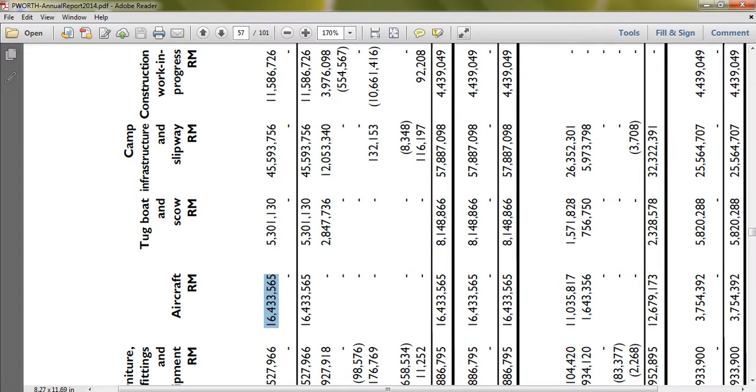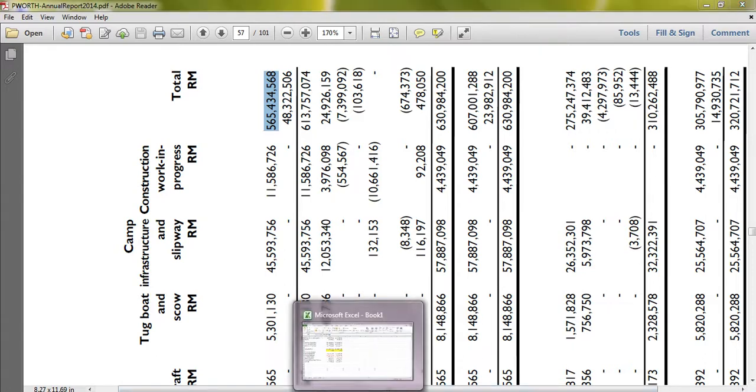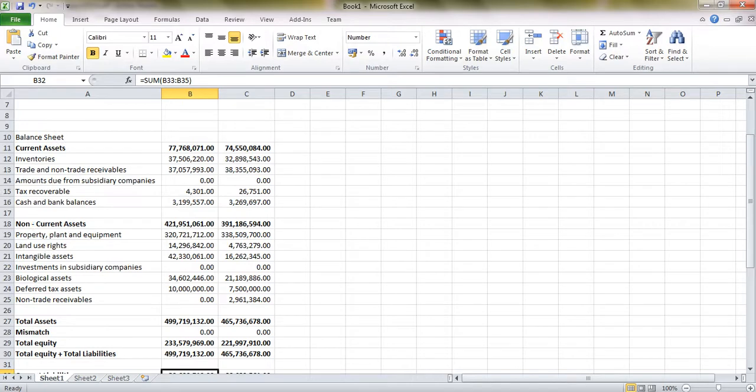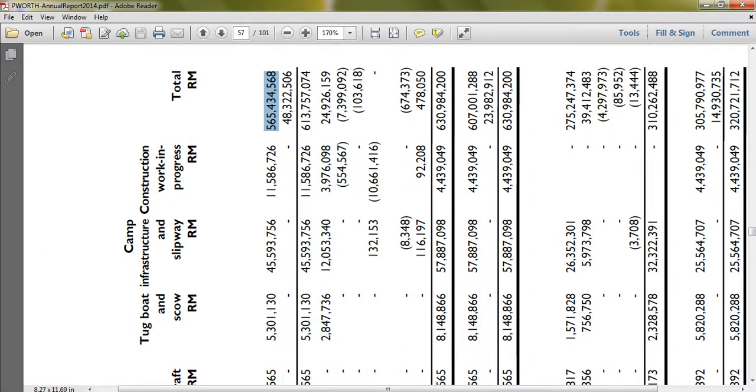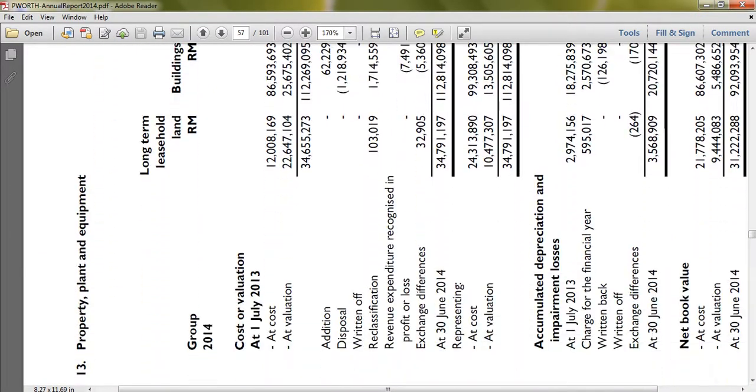Infrastructures and, wait, how is that? Total is 565. Okay. At cost variations, okay.